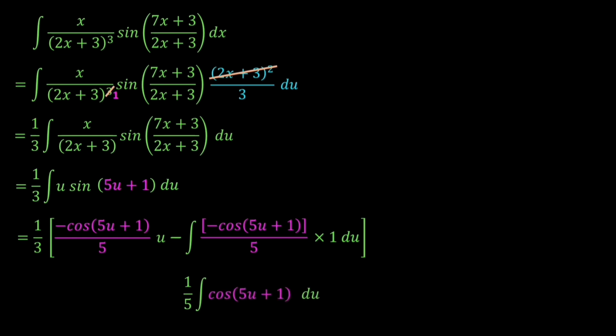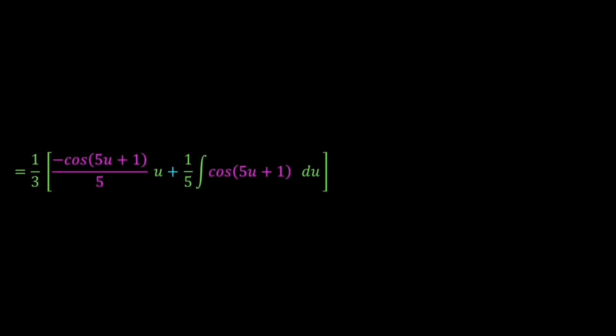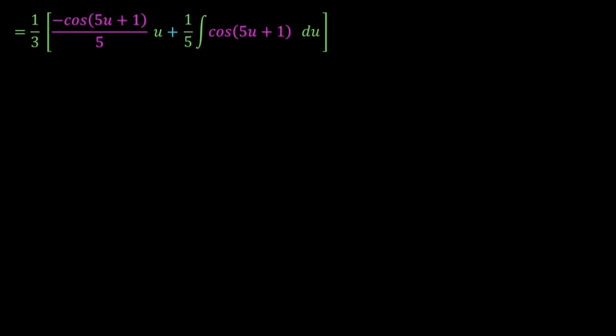The numerator value minus 1 is a constant. Minus into minus sign we can write as plus sign. Now 1 over 5 we can take as a common factor.